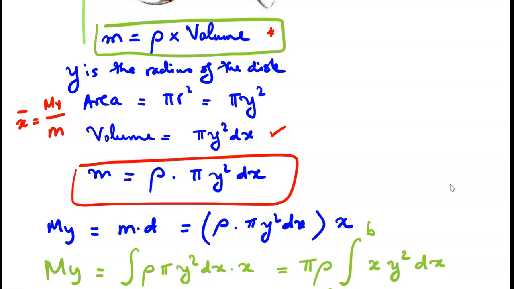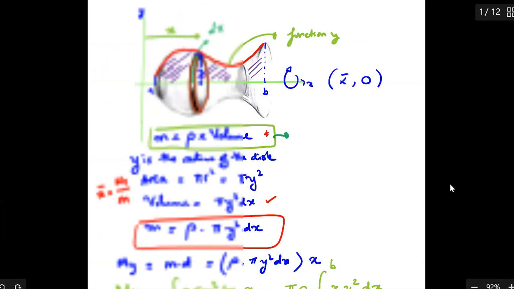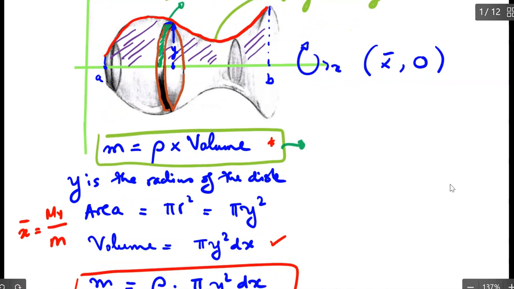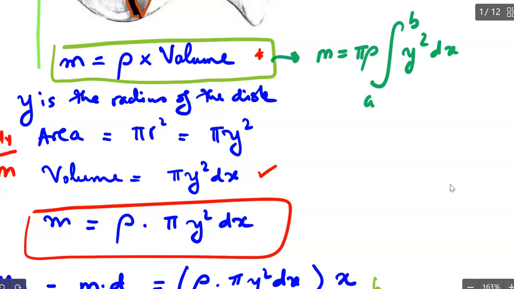So now mass in terms of the integral is pi times rho, the integral of y squared dx, from a to b.